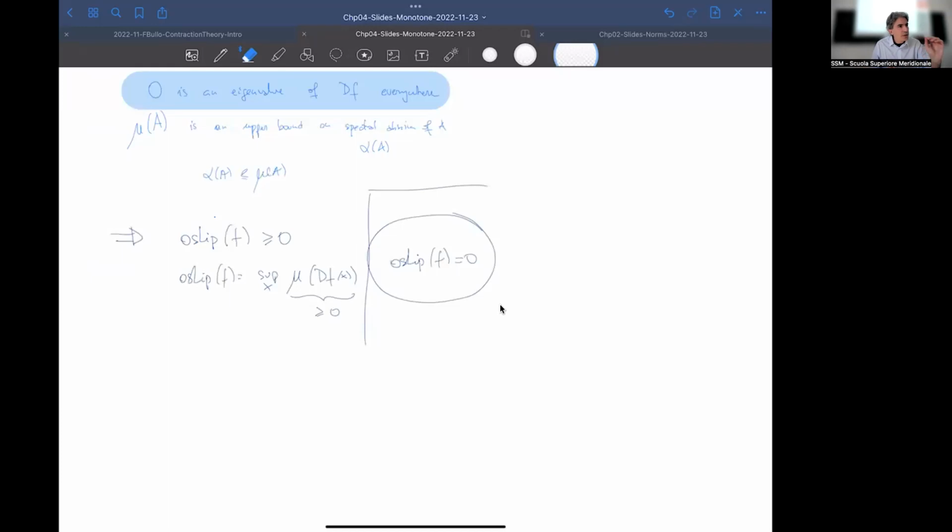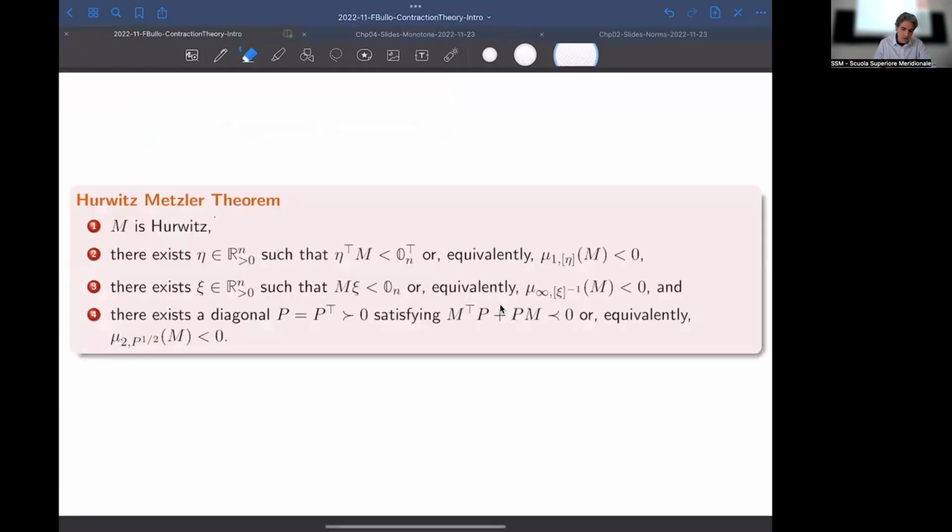Why is that the case? Why is that often 0? When is it 0? So let's talk about our good old friends, the Metzler matrices. Metzler matrices are matrices that have, I know nothing about the main diagonal, but the off-diagonal entries are positive or 0.